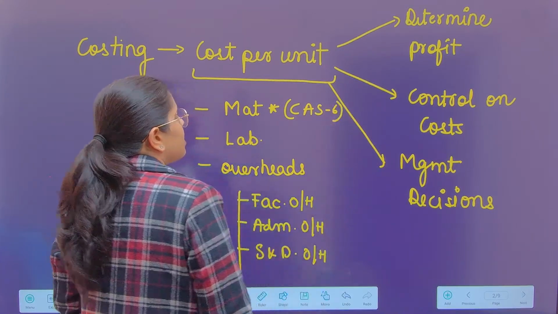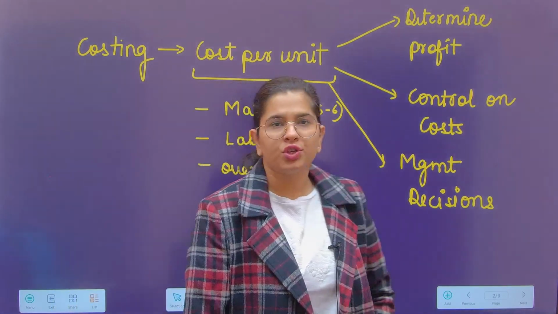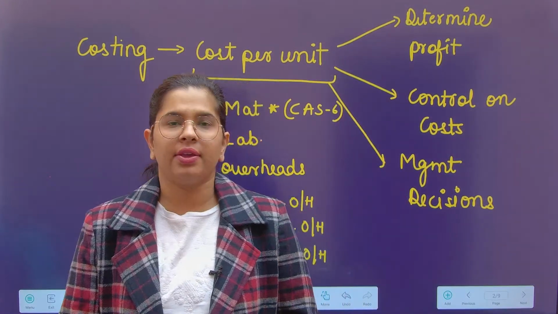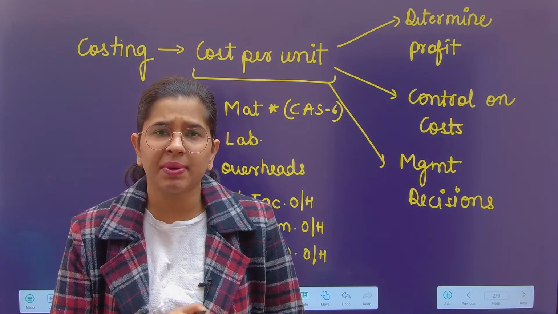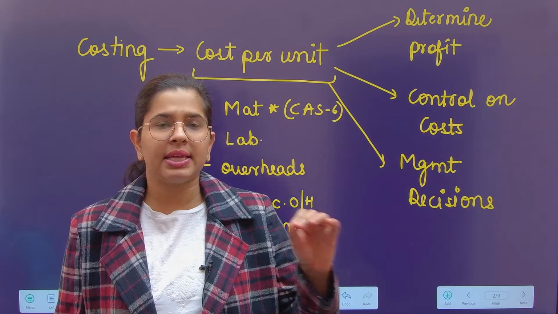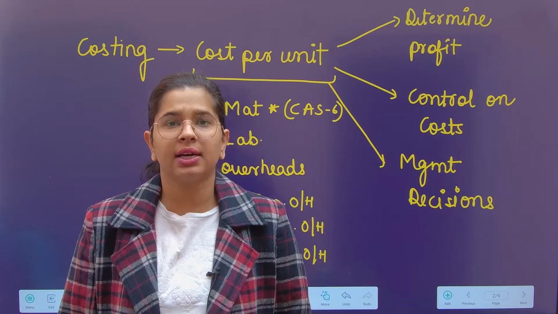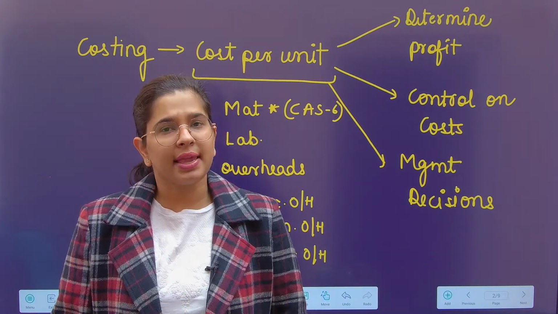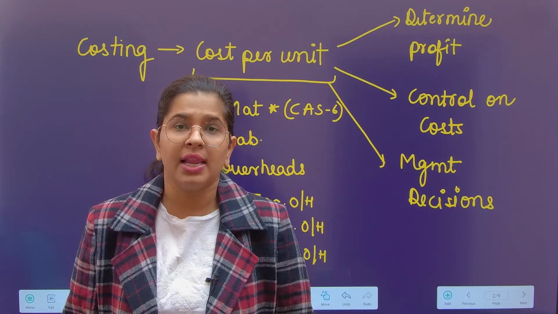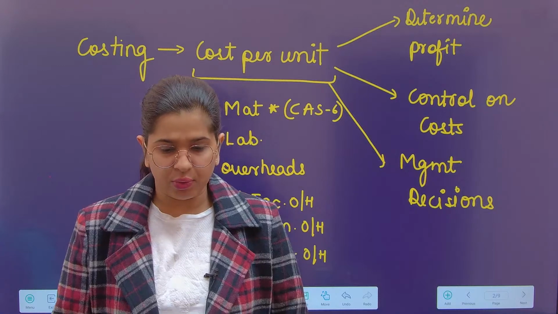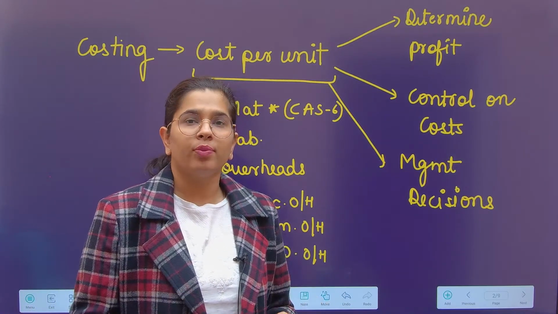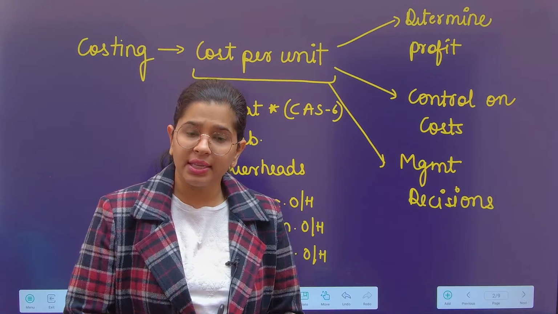There is nothing very special written in CAS 6, right? Let me clear this point first: nothing special is written over here. Whatever you have read in bits and pieces till now is the same thing which you are going to study in this lecture as well. Nothing else will be given to you. You will be understanding it in a very easy way.